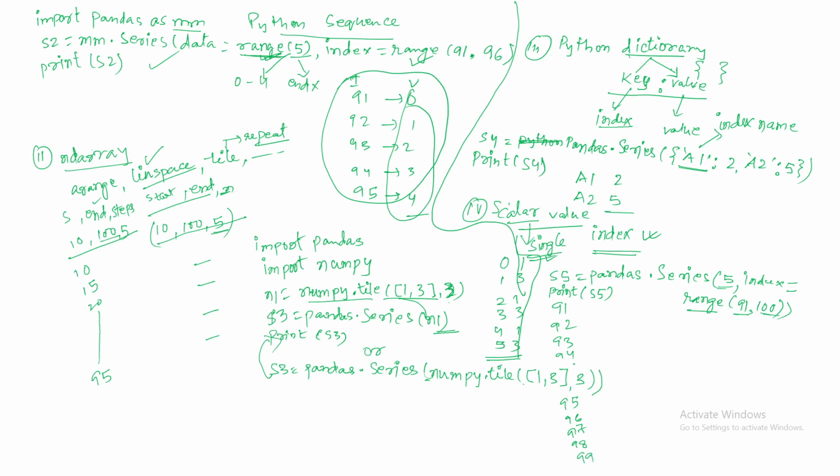Every place's index value is different, but our value is the same: 5, 5, 5, 5, 5, 5, 5, 5, 5. Understood? So this is the scalar value. Like this we can mention it. So these are the 4 types of data and index of this series.